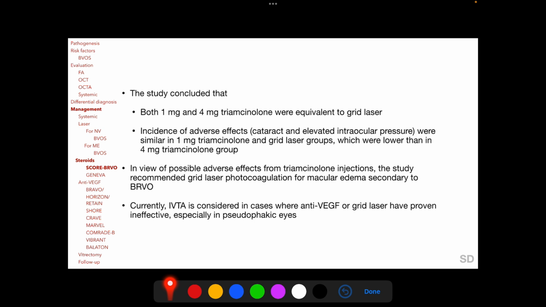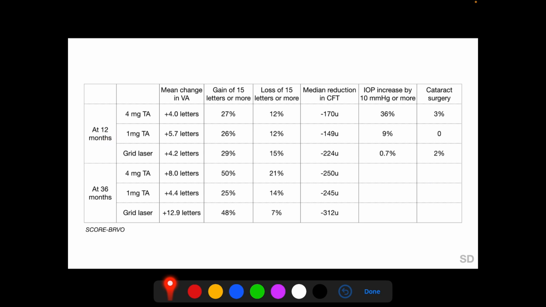The SCORE-BRVO study concluded that both 1 mg and 4 mg triamcinolone were equivalent to grid laser, but the incidence of adverse effects such as cataract and elevated intraocular pressure were much higher in the 4 mg triamcinolone group as compared to the grid laser group. So in view of possible adverse effects from triamcinolone injections, the SCORE-BRVO study recommended grid laser photocoagulation for macular edema secondary to BRVO. This table shows the 12-month and 36-month results from the SCORE-BRVO trial.